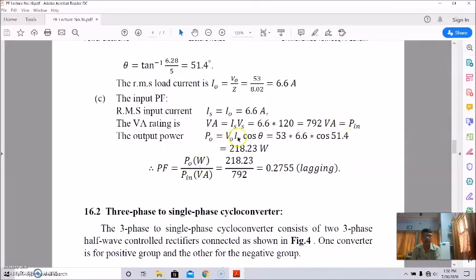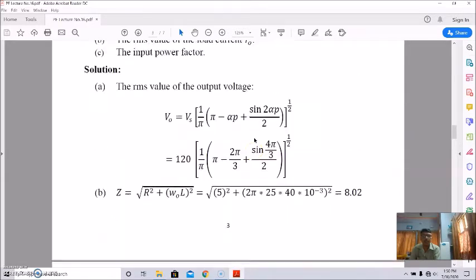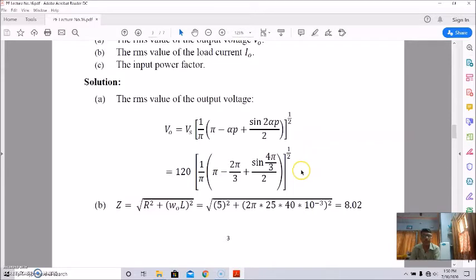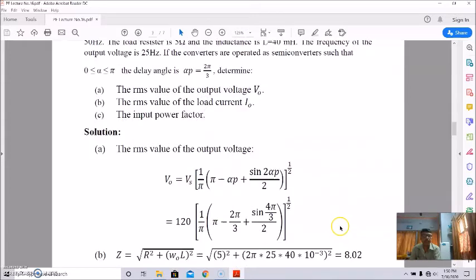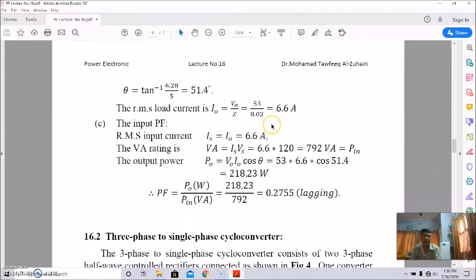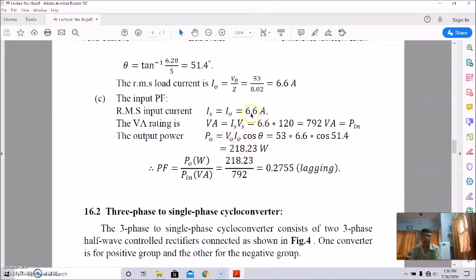Then output power equal to V0 I0 cos theta. V0 is how much? We got 53 here. So if you put here I0 as 6.6 and cos of 51.4 degree, put these values and it will be 218.23 watt.